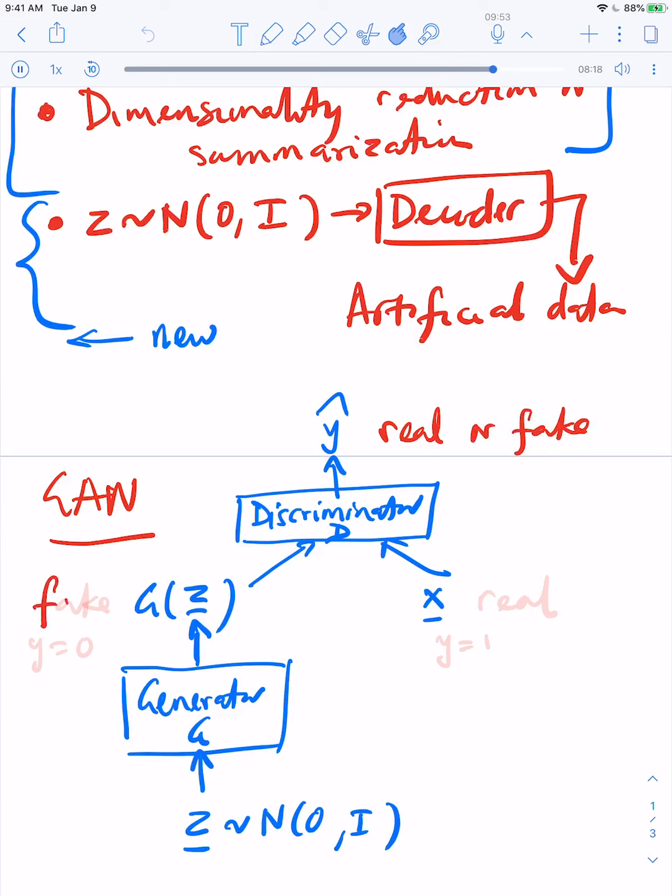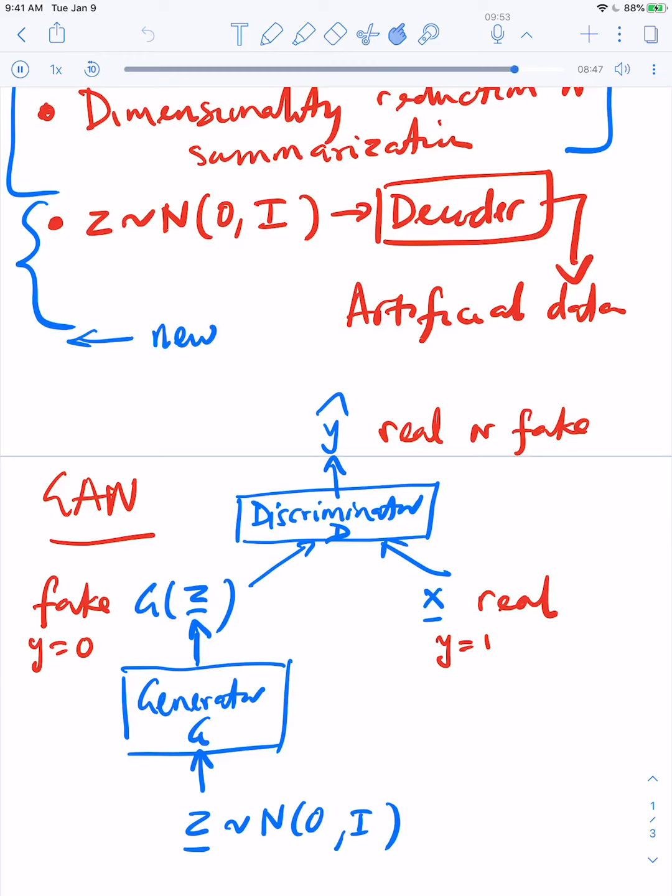So this is the fake data, this is the real data that I'm feeding in. Say I put a label to the real data, y equals 1, and I put a label to the fake data, y equals 0. Training the discriminator is a standard sort of supervised learning problem. I train it to, say, minimize the cross entropy, right?